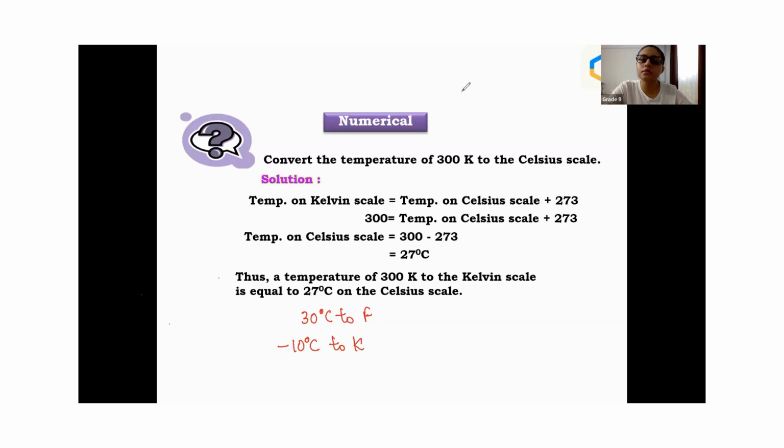So I think this conversion is clear to you. You just need to remember the formulas and you can do the calculations. Okay, so we are going further. Yes, minus 10 is given. Minus 10 is given, Mehak.